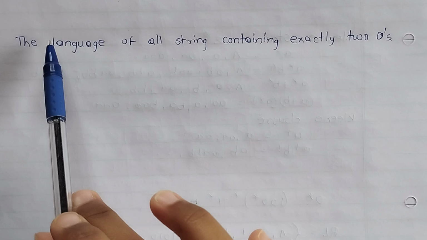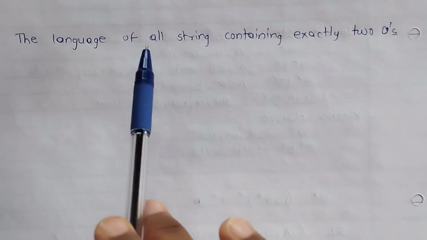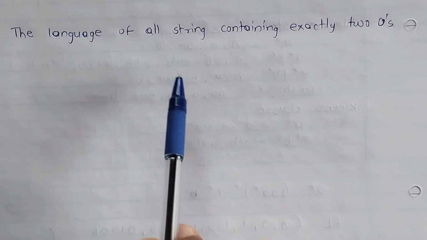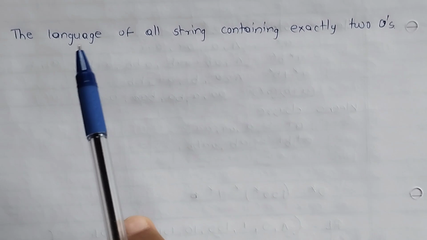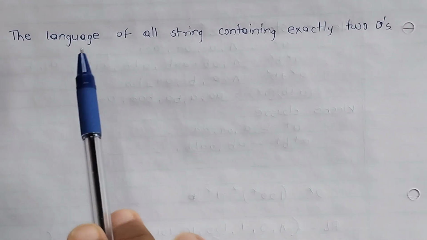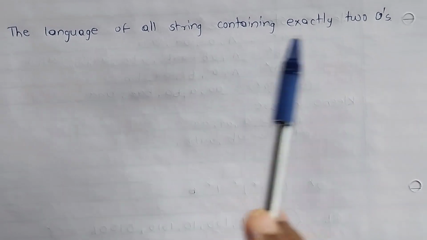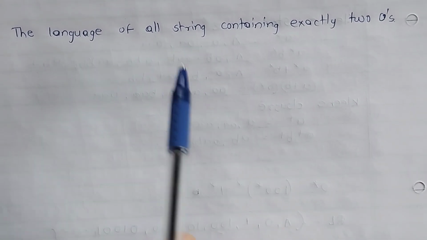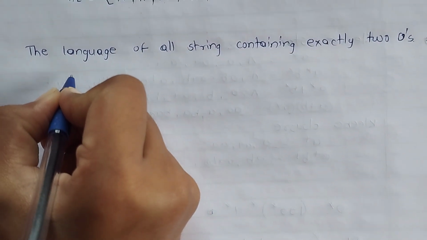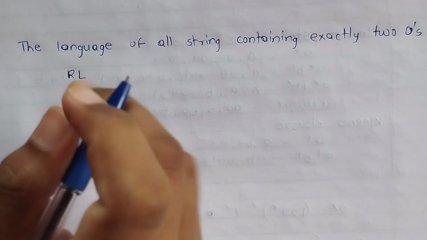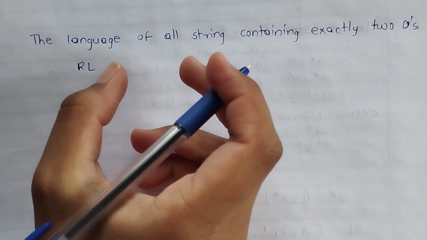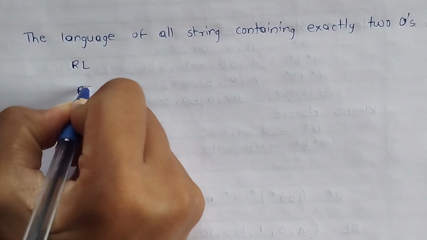Here we want to write the regular expression and the regular language for the given statement. The statement is: the language of all strings containing exactly 2 zeros. For that statement we first write the regular language, always first write the regular language, and from this we write the regular expression.